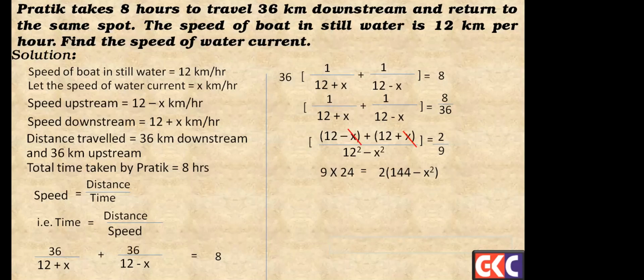Okay, fine. Opening the bracket. हाँ, by the way, 2 and 24 को सिंप्लीफाई कर सकते हो, तो इधर लेके आके सिंप्लीफाई कर सकते हो, वो भी चलेगा. मैं डायरेक्टली कर रहा हूँ यहाँ पे, और 24 के बदले में मुझे मिला 12. Okay, so 9 into 12 equals 144 minus x square. अब ये 12 और 144 को सिंप्लीफाई नहीं कर सकता मैं, you know why? 2 के साथ किया, but 12 और 144, 12 12 का 144 है, फिर भी मैं सिंप्लीफाई नहीं कर सकता.